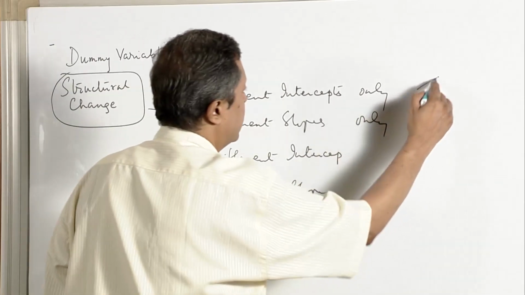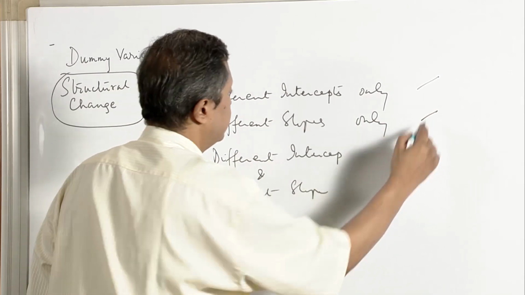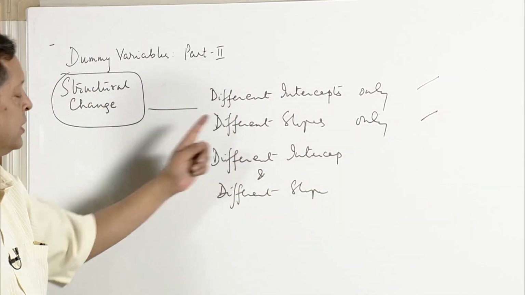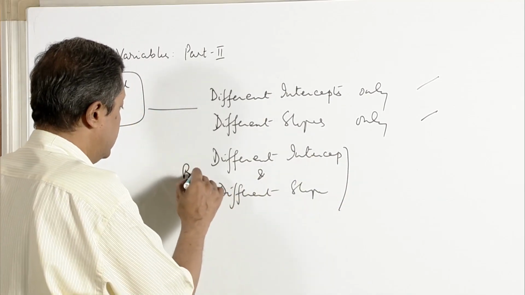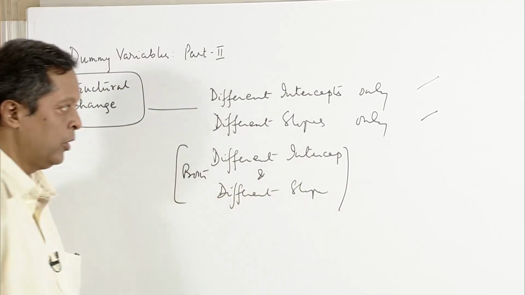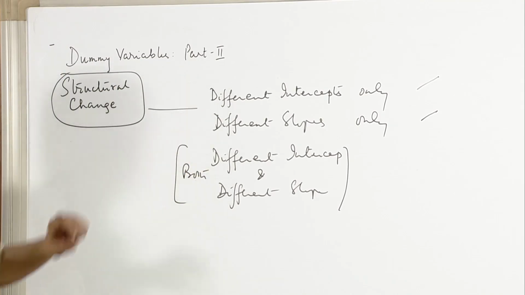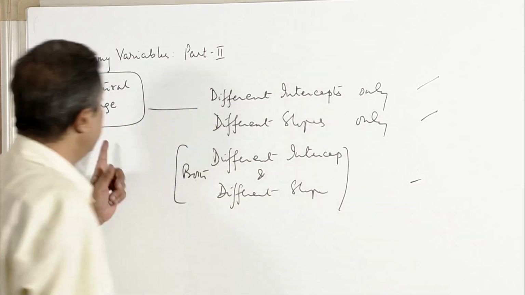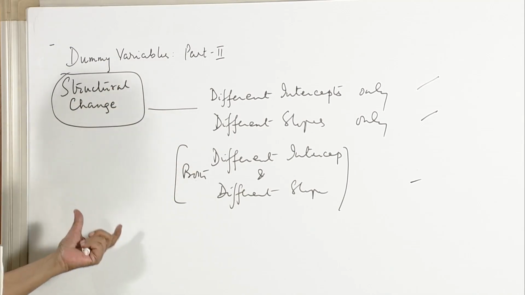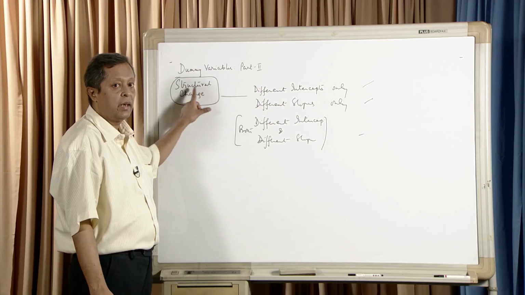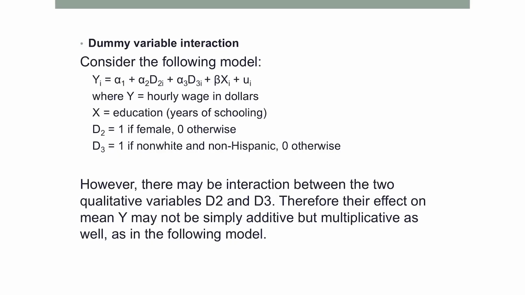These were covered in module 32: different intercepts, different slopes, and both different intercept and different slope have been covered in this module. Together these three possibilities are called possibilities of structural change, and therefore, we have already actually used dummy variables to study structural change.